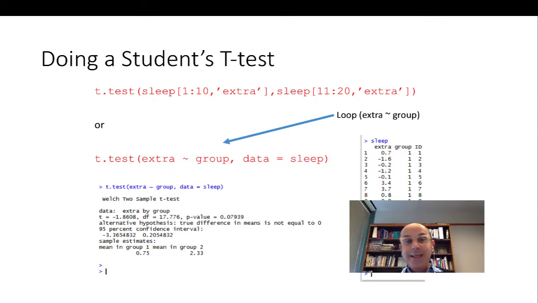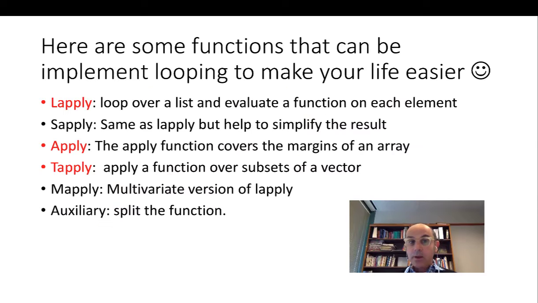By doing the t-test, again with a loop, we are using the t-test as the function: extra group is equal, the data is sleep. And in this case, R will come up with the result in order for us to estimate the t-test and what it entails.